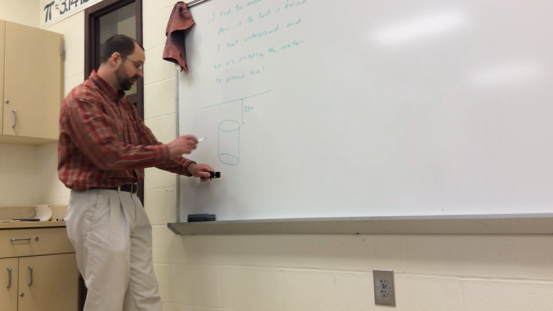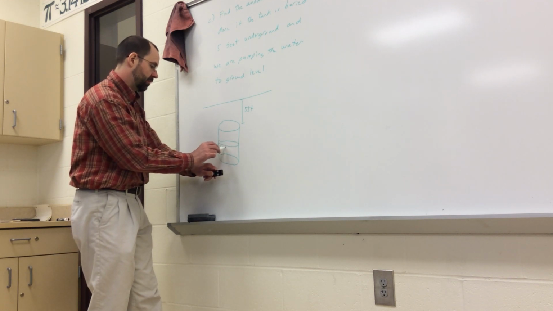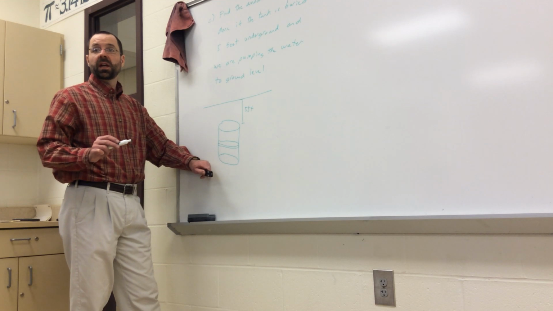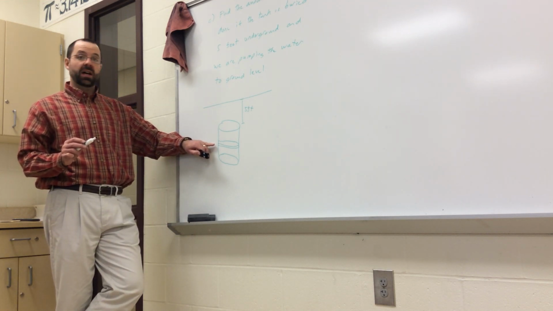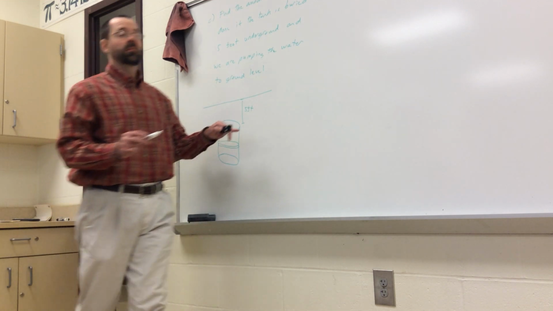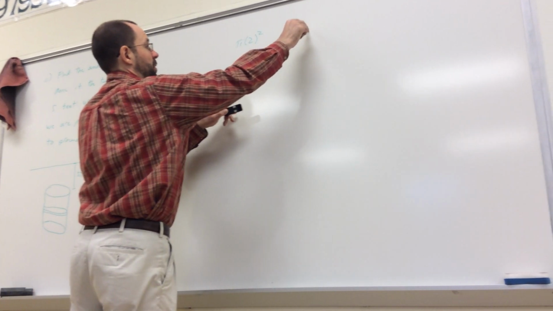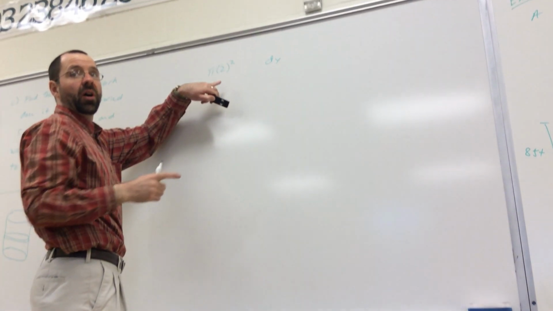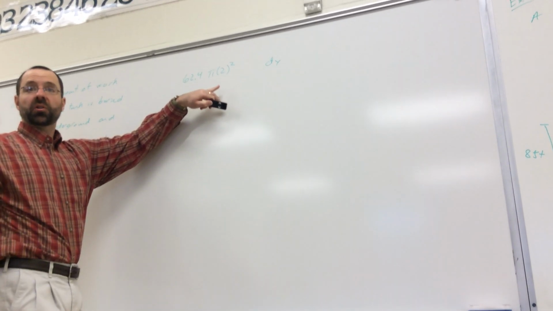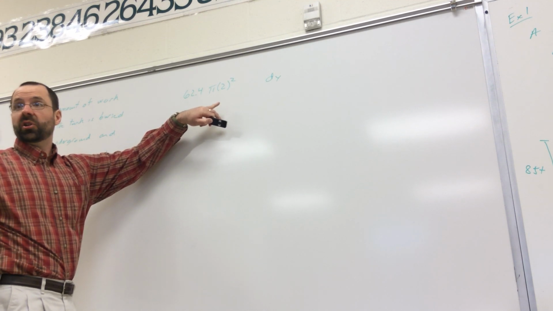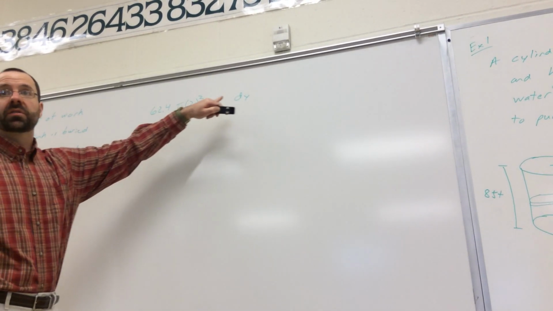So I still have my sliver of water. And the volume of that water is still pi times 2 squared times dy. So there's the number of cubic feet for my water. Then I multiply that by 62.4, because that's how much water weighs per cubic foot. So now I've got the number of pounds of water.